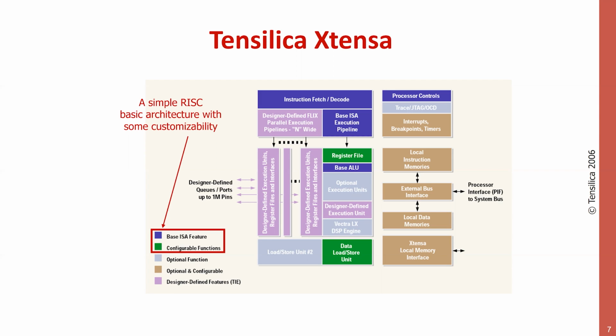Some of the things can be changed, can be customized. For instance, the register file, right? You can do a processor with 16 registers. You can do one with 32. You can do one with 64. Provided that your instruction set supports this number of registers, which is an encoding issue and probably an easy one to solve, it can give you some advantages because the more registers you have, the less you spill.